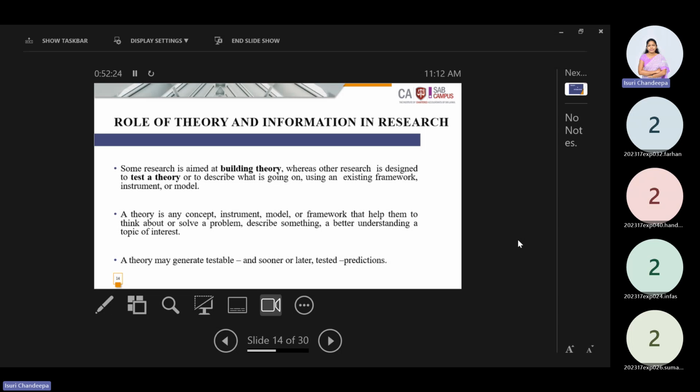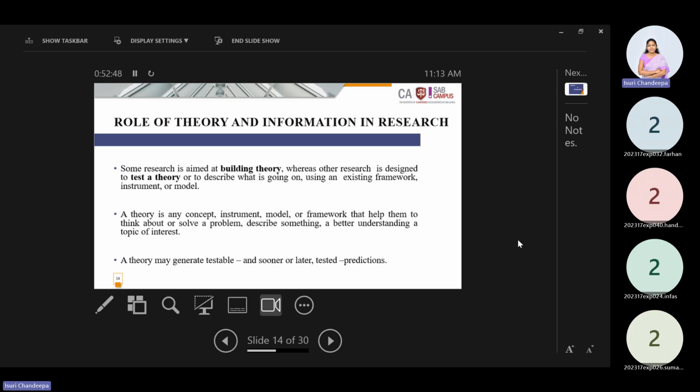What else? Legitimacy theory, contingency theory, institutional theory. There are a lot of theories in the research context. So anyway, what do you mean by a theory? It's a concept.